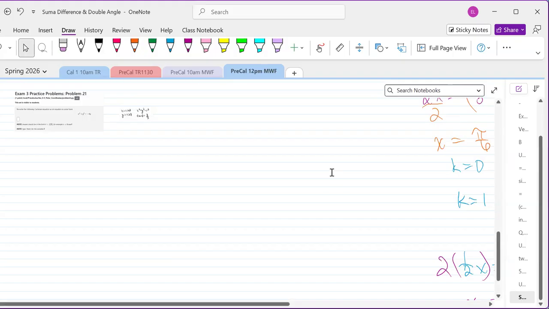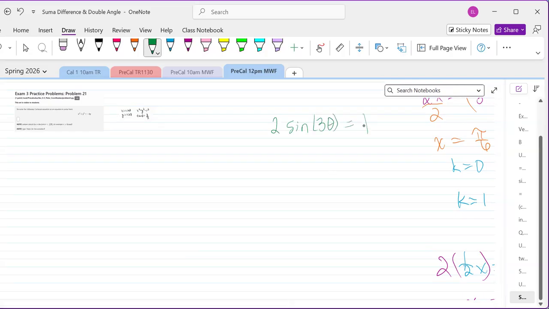If it was like 2 sine parentheses 3 theta equals 1, I think it's let 3 theta equal u, and then it would be sine of u equals 1/2, and use that 1/2 to find the unit circle.